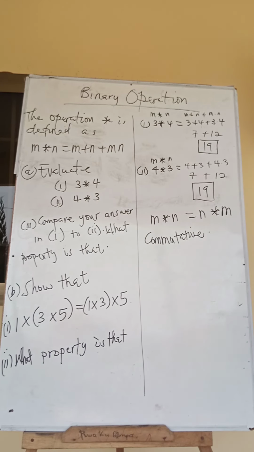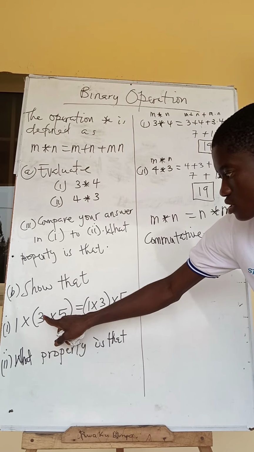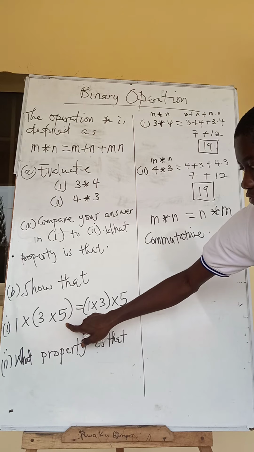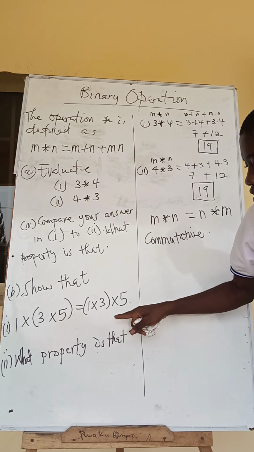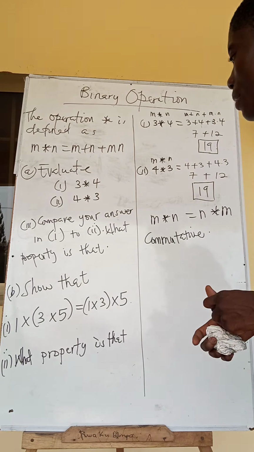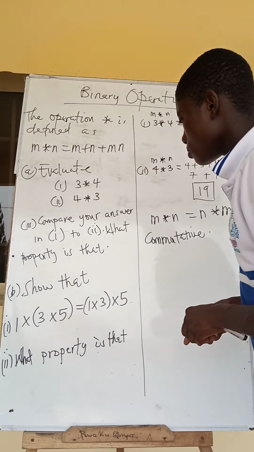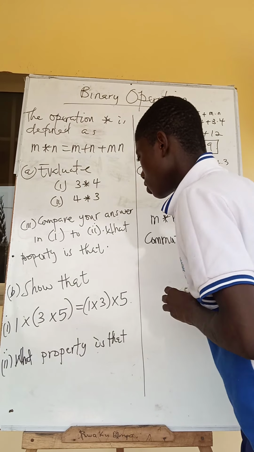So let's go to the next one. Show that 1 star into bracket 3 star 5 equals 1 star 3 into bracket star 5. Sorry, let me edit this question again. Let me make the question look small.